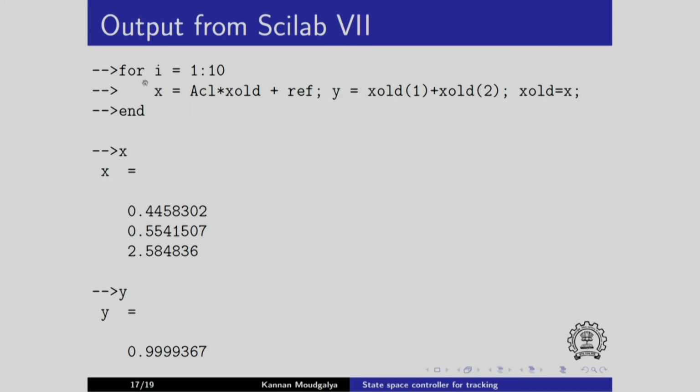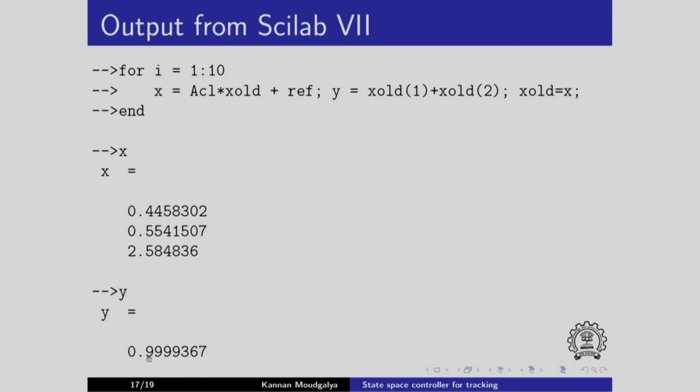If you go through the Scilab code, I carry out this loop 10 times. We implement this closed loop controller 10 times and put the state into the old state, recalculate it, and so on, and we calculate the plant output y as sum of first and second states.